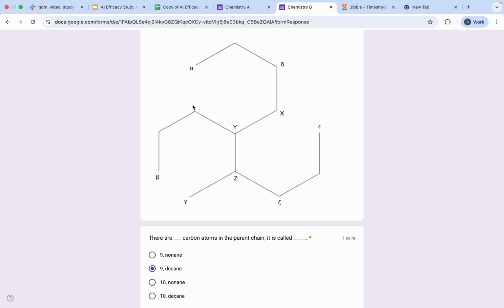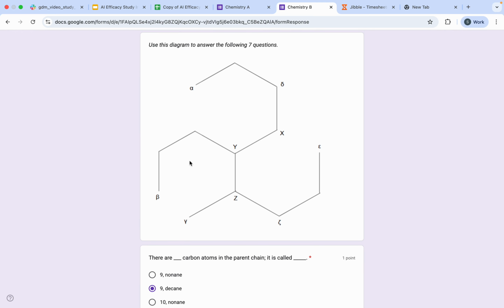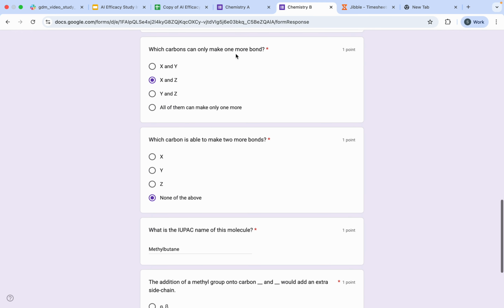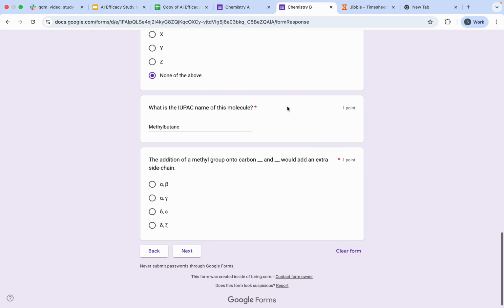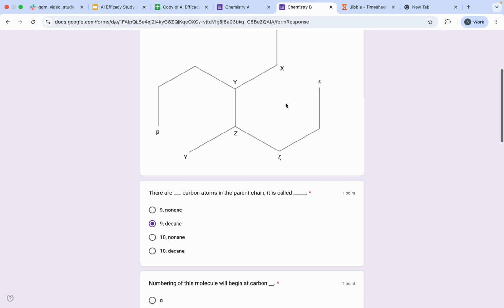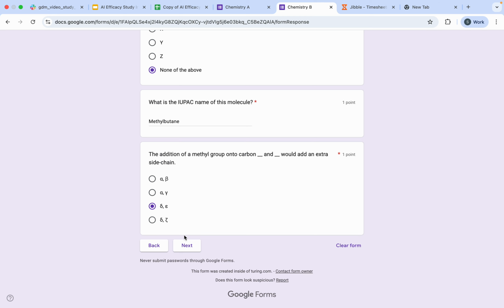Second option is alpha and gamma. Then delta and epsilon. Last one is delta and tau. So I think delta and epsilon is the answer. Okay.